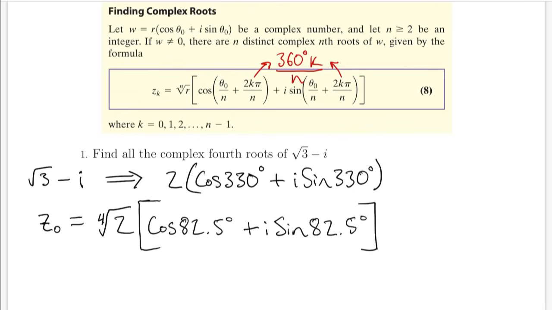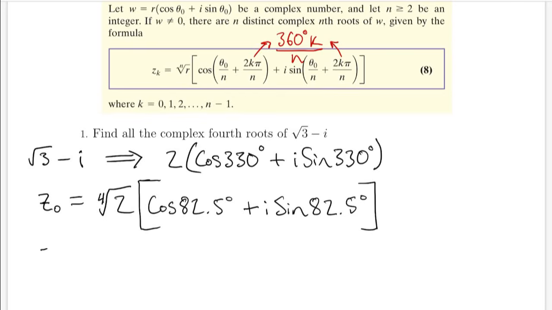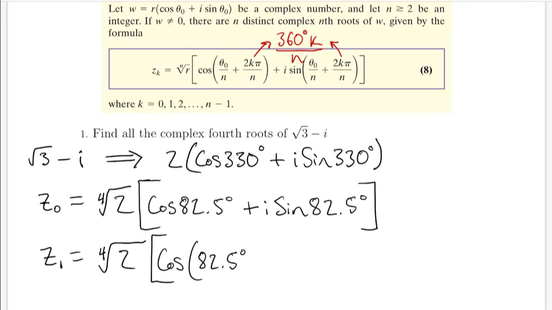So let's see if we can find our second one. So that's when k is equal to 1. And the nth root of r, that's always there, right? It doesn't matter what k is. So I can just copy down fourth root of 2. And then I can write out the cosine of, and remember, theta over n, that doesn't change either. So I can write out 82.5 degrees, and all I have to think about is what am I adding now that k is equal to 1, right? So I'm adding 360 degrees times 1 over n. N is 4 in this case, right?